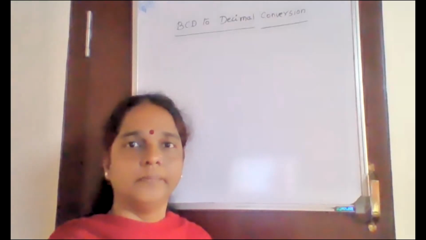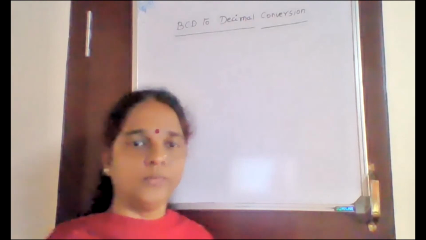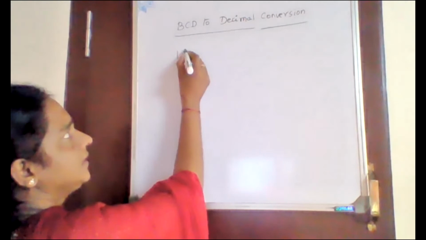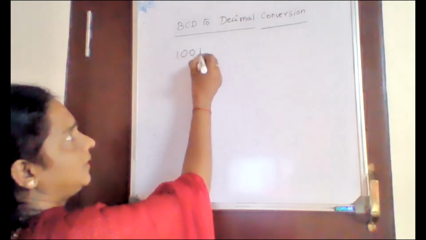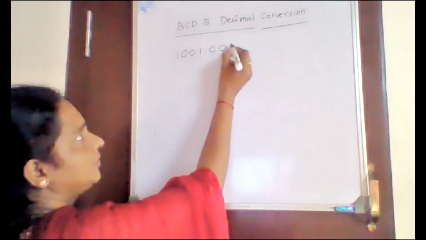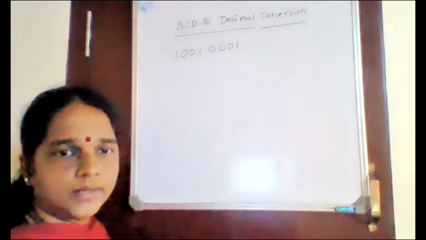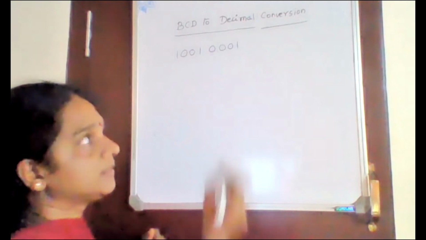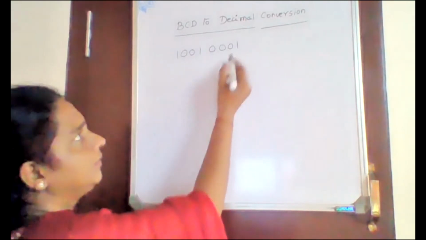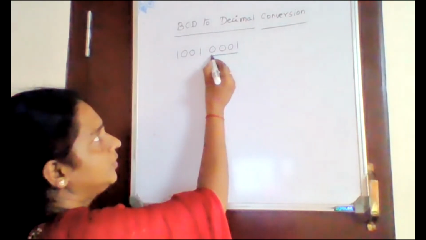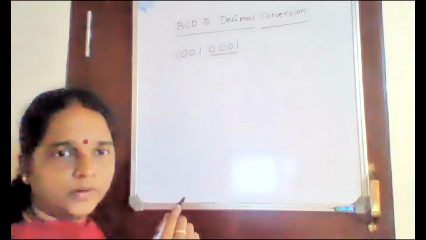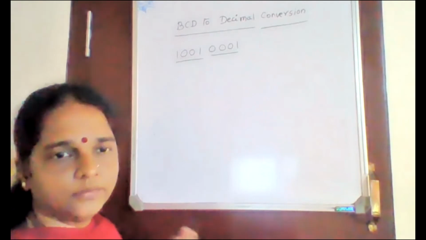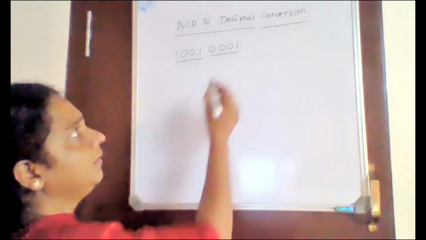Next is BCD to decimal conversion. Let us take one example, 10010001, to be converted to decimal. Starting from the right side, make groups of 4 bits. Write the respective decimal number. Very simple.